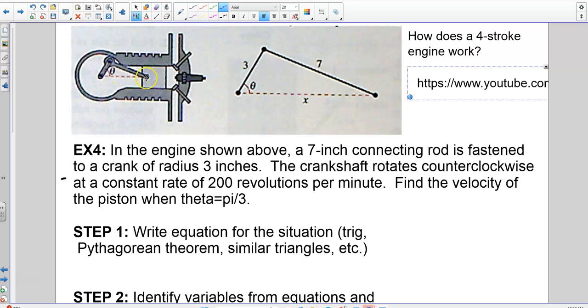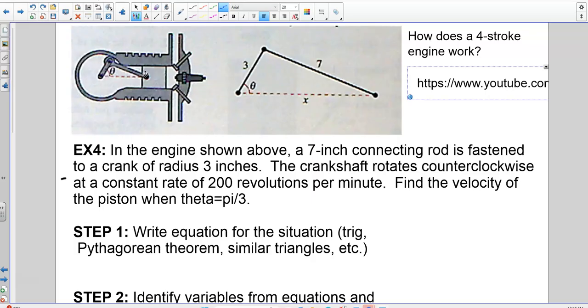So what we've got here is both of these rods are fixed, and I have forgotten which ones were which. But this rod right here has a length of 3 inches, and this rod right here has a length of 7 inches.